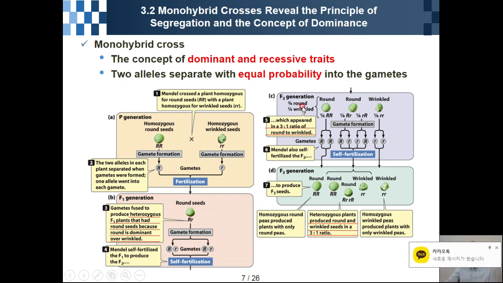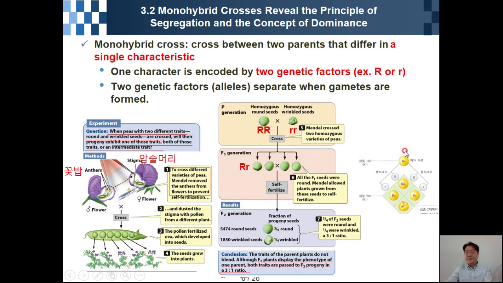So this is due to the two alleles separating with equal probability, like this. Two alleles can be separated in a 1:1 ratio, like this.